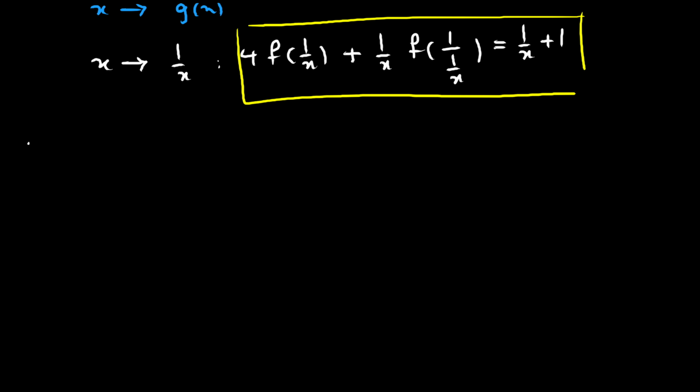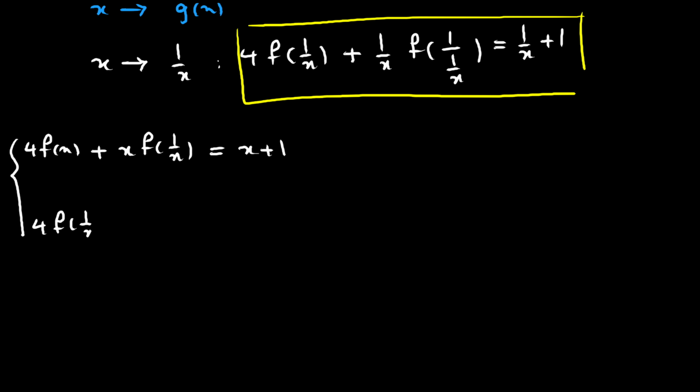So we have 4 times f of x plus x times f of 1 over x equals x plus 1. And we have 4 times f of 1 over x plus 1 over x times f of x, which is just x... and this equals 1 over x plus 1.